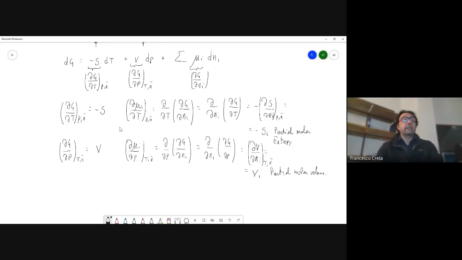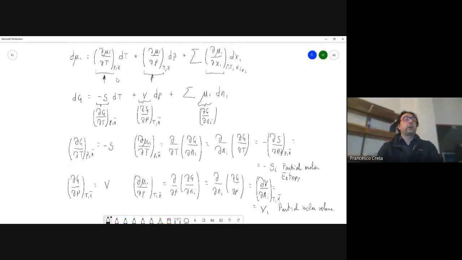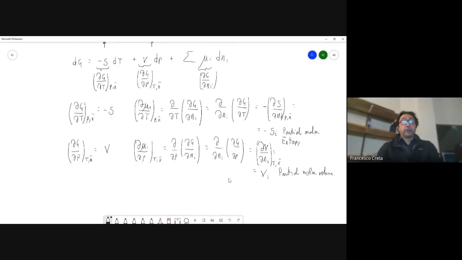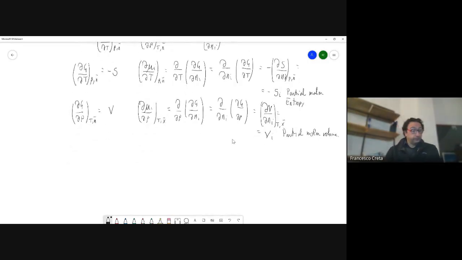So remember I wanted to integrate this. Now I have expressed these two quantities. So let me write down now d mu I. I haven't done anything special now. I've just defined what the partial molar entropy is and the partial molar volume.